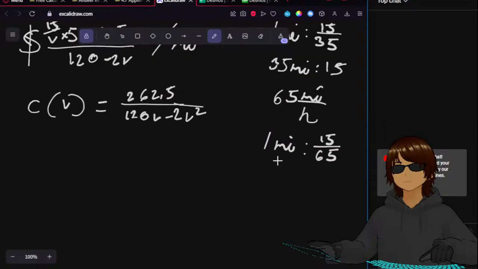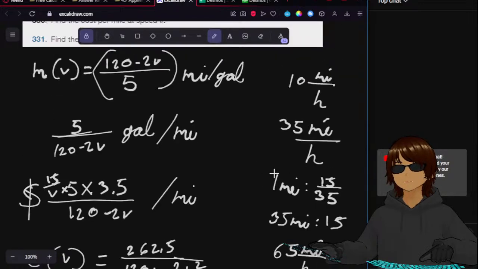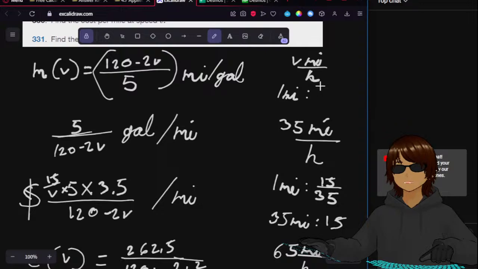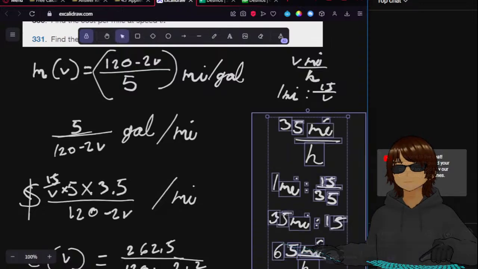So if it's going V miles per hour, then for 1 mile, it's going to cost 15 over V, right? The chauffeur is going to cost 15 over V.